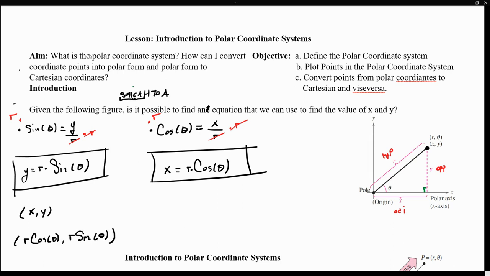The only difference is that this is in rectangular form. And now this is what we're going to be discussing today, which is something that we refer to as polar form. So let's get started.